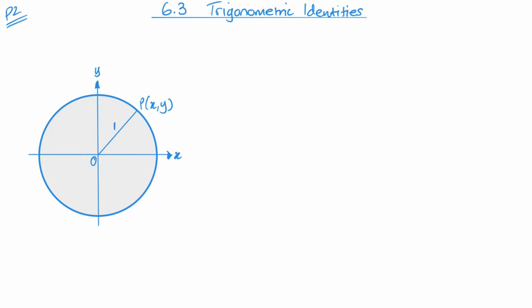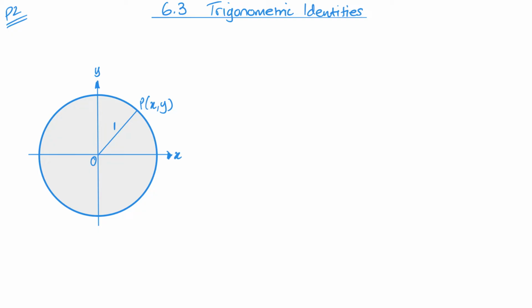What I'm first going to do is just show you a little bit about them, and for that I want to go back essentially to Unit 6.1 when we had this circle of radius 1, and if you remember the point P, x and y for the coordinates.